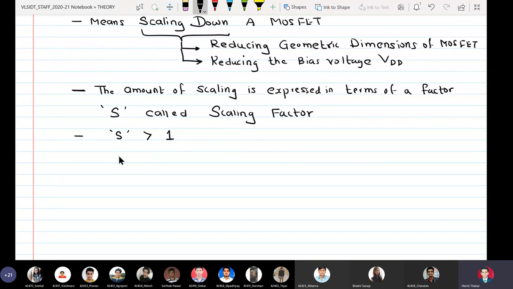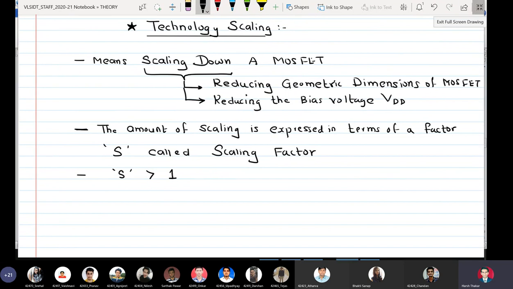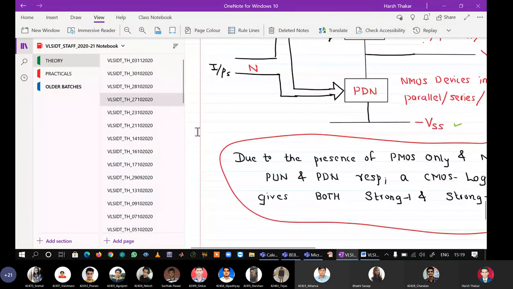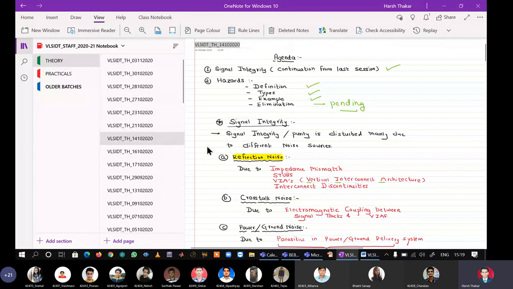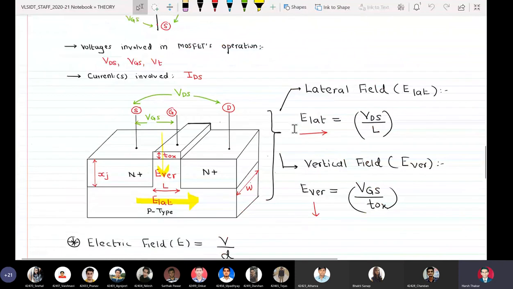Now when we speak about geometric dimensions, we know that in the 3D planar structure of a MOSFET, which we had discussed earlier, there are basically 4 parameters which define geometry.